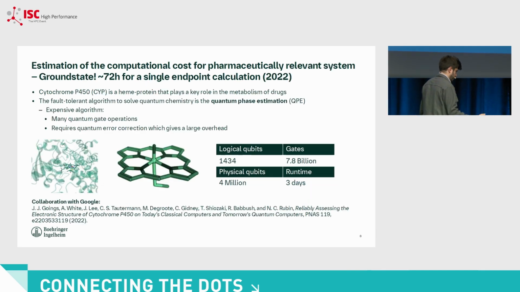So now talking numbers. When we started out estimating which systems we were going to need, the first thing we found after some looking with Google was cytochrome P450, which is a heme protein in your liver, and it's the way drugs get metabolized inside your body.